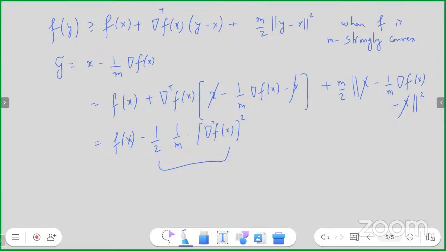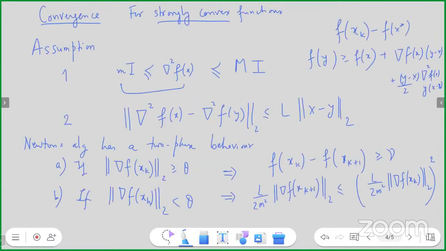And one important detail I was hoping you would ask. I've written Newton's algorithm, but I never specified how to choose the step size. So I was hoping somebody would ask. So step size choice is Armijo's rule. Last time we showed lots of things with a constant step size.